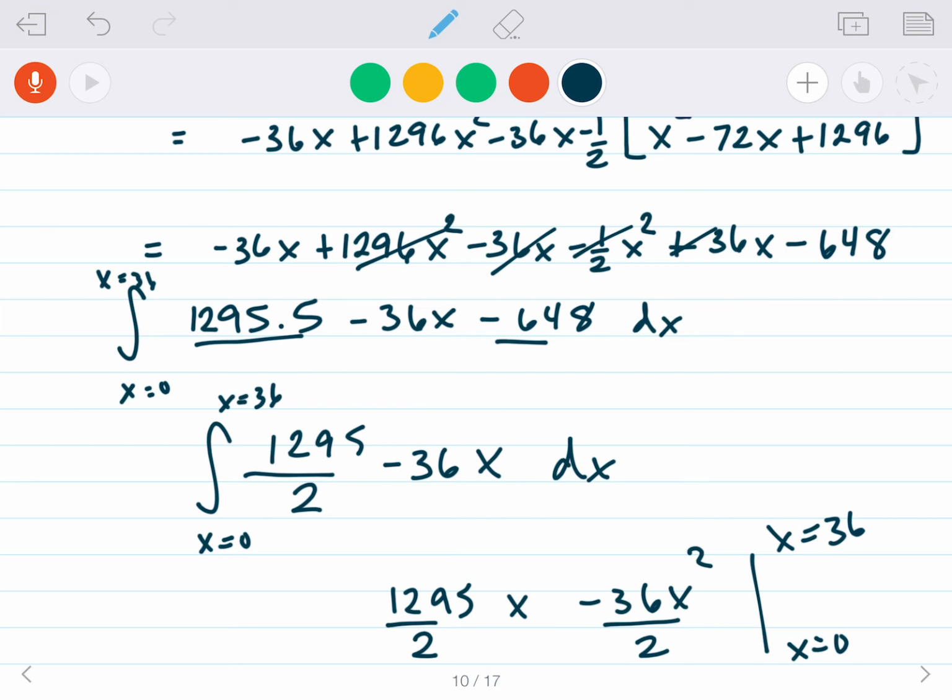So the 0's not going to really matter, but 1295 times 36 divided by 2 is going to give us 23310 minus, okay, so we have 36 squared times negative 36, all divided by 2, minus 23328. Okay, negative 18 is our answer here.